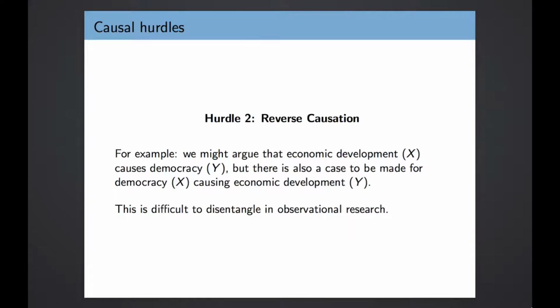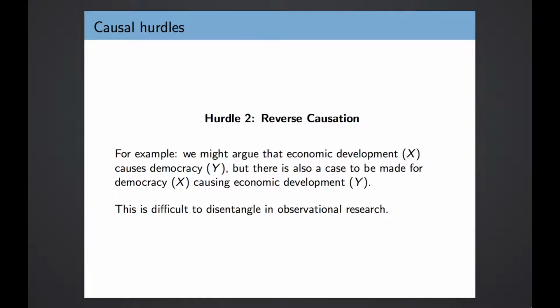An example of this would be if we had a causal theory that economic development causes democracy, that as countries become more economically developed, more rich, those countries are more likely to democratize. However, we might also want to take into account the possibility that democratizing causes a country to have greater economic growth. So that would be a reverse causal relationship in this particular situation.